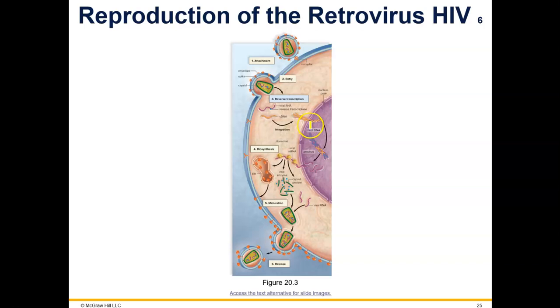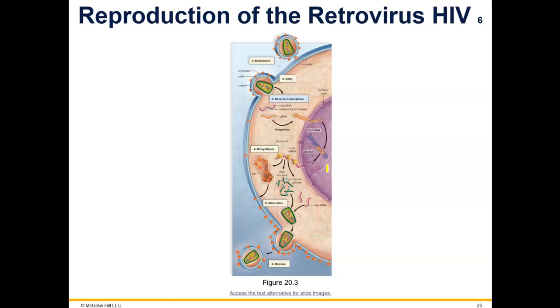That cDNA enters into the nucleus of the host cell and integrates into the host DNA. And we now call it a provirus. It can remain latent for even 10 years, maybe longer.